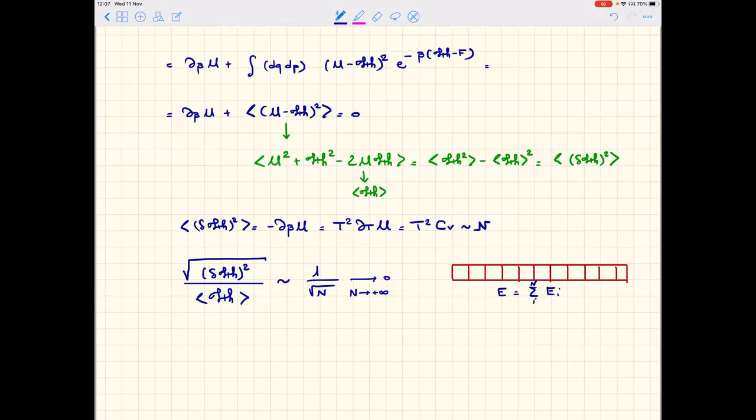Okay? So it's not surprising that the two ensembles are equivalent.